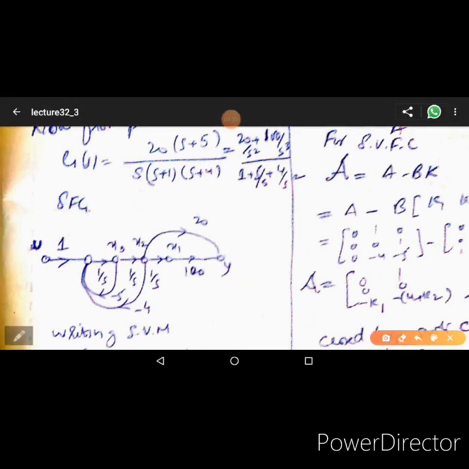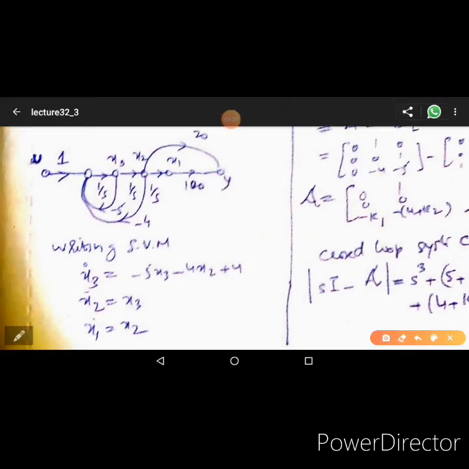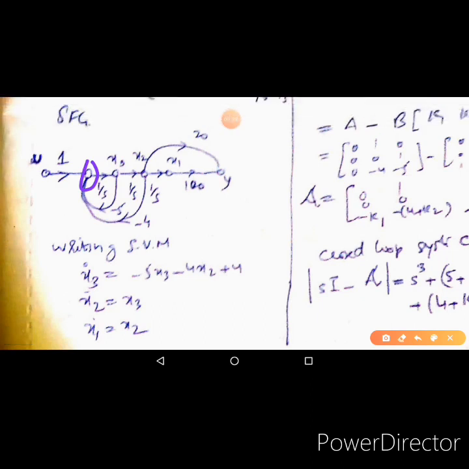So on the basis of this, we can write the state equations, which you can see here. The x3 derivative, which is over here, is equal to minus 5x3 minus 4x2, because we have x2 over here, and u from here.